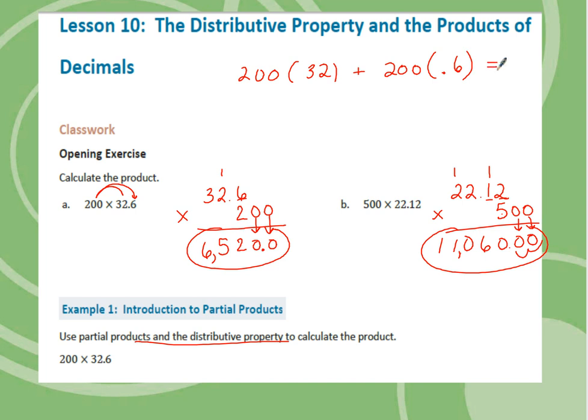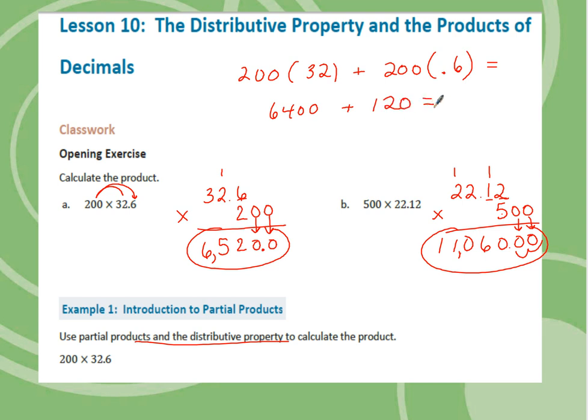Another way to write it would have been to say that this is 6,400. When we multiply this out, this is 6,400 plus 200 times 0.6, which is 120.